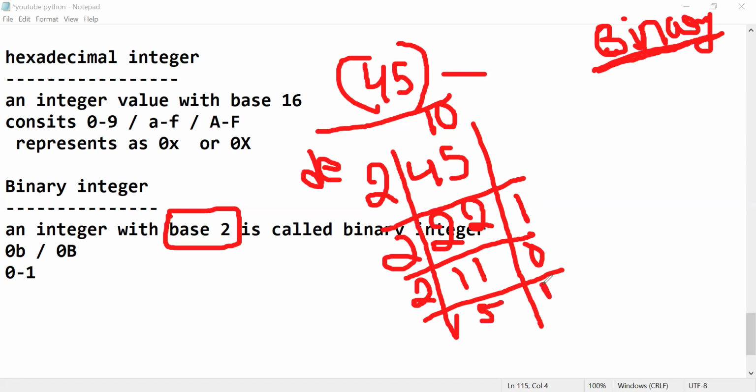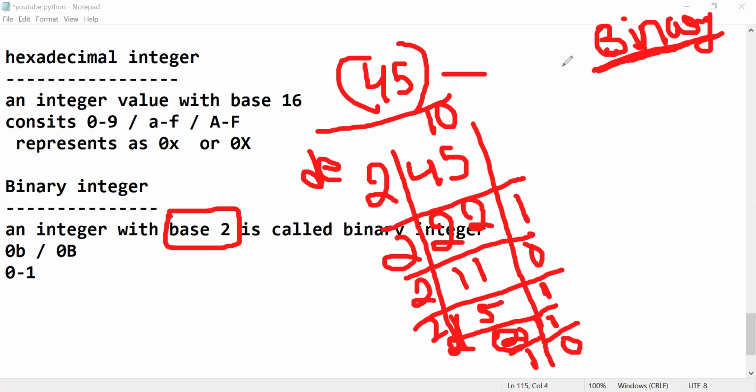Again, we will get output as 1, guys. Again, we have to divide this value 5 with 2. 2 is 4, 2 times it will go. Again, we have to divide this 2 value with 2. One time it will go. We will get output as 0, guys.